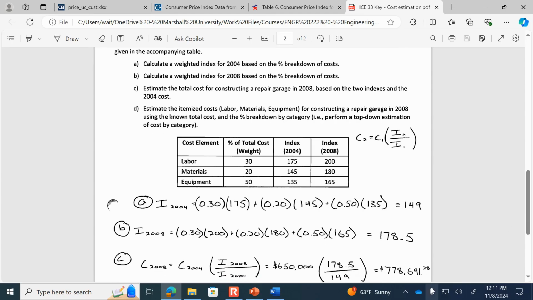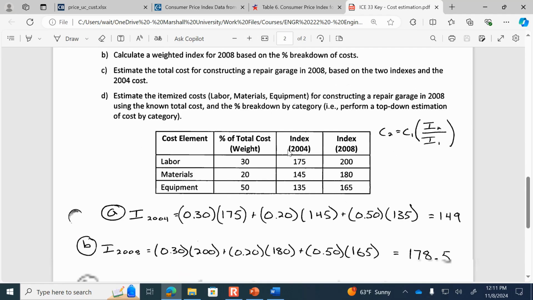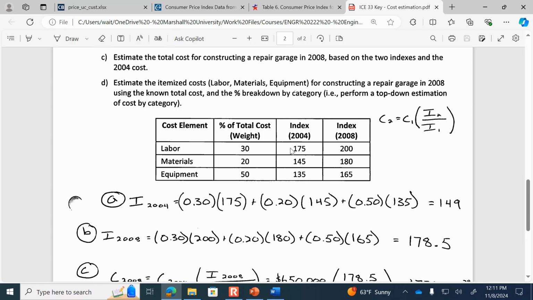So to get the weighted index, we have to multiply the percentage of the cost for each category by the index value for that category. So you can see equipment is 50% of the cost, and so its cost index is going to be more important than the index of other categories because it represents a greater share of the overall cost. So the weighted index, when we take these percentages into account, is 149.